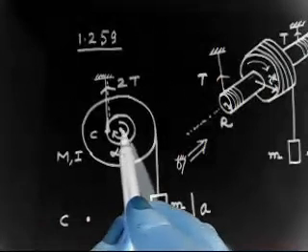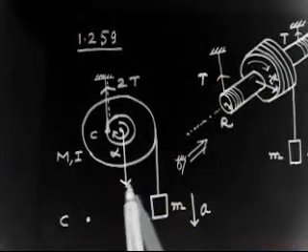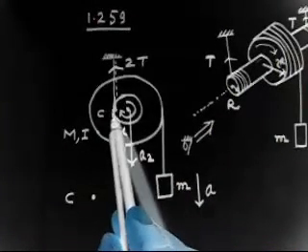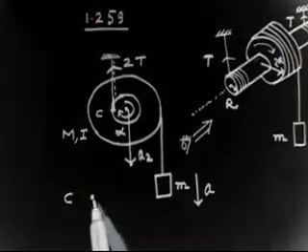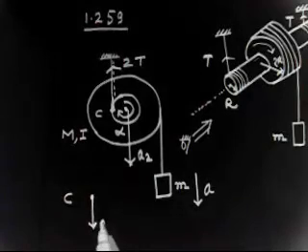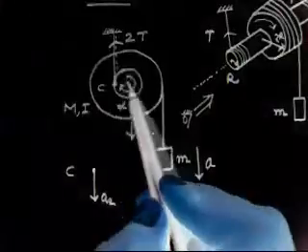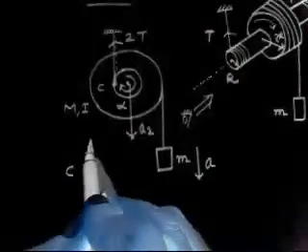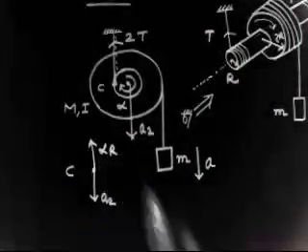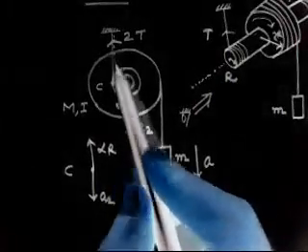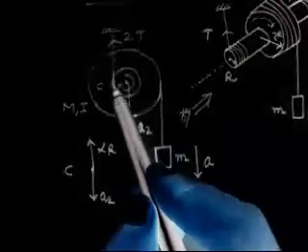So this point has acceleration A2 downward due to the center of mass. Now this is going up also, so alpha times R up. Are you getting? This radius is R. So it has acceleration alpha times R up, and this A2 is down.